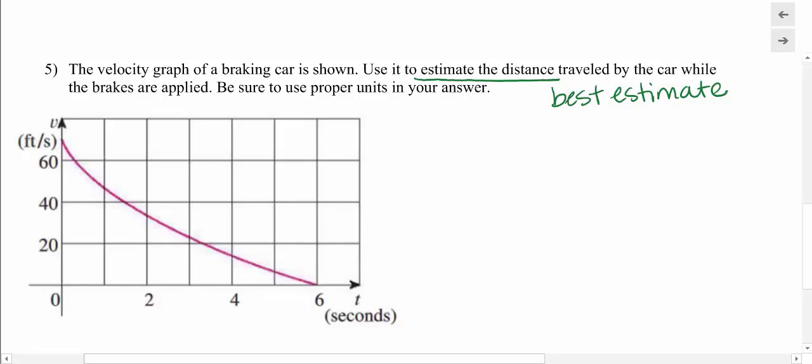So if I'm going from 0 to 6, it might make sense to me to just use 6 rectangles, and that would be fine. If you're going to put in 6 rectangles, your rectangle widths are 1, and so if we're going to use midpoints, we're just going to follow about halfway through up, and we're going to estimate what that y value is.